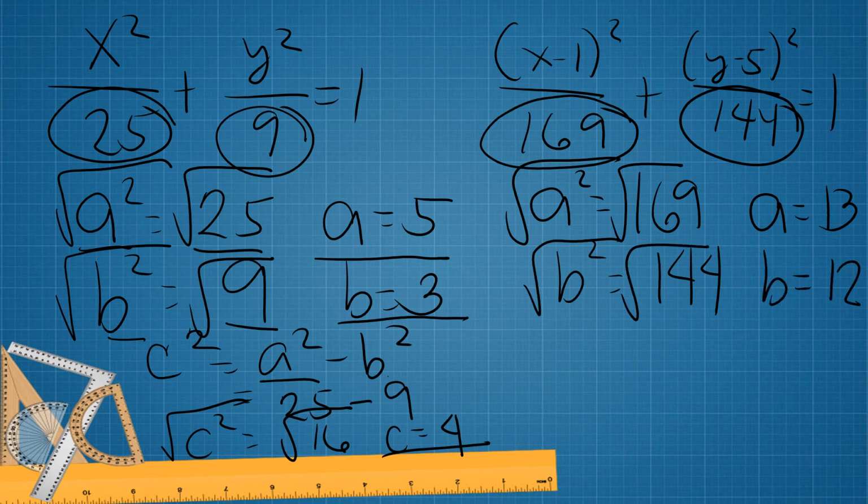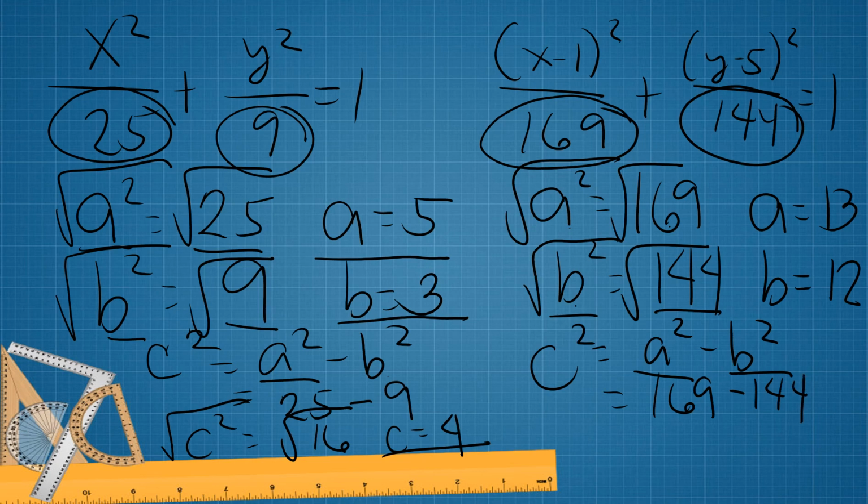Now, again, in order for us to find the value of c, we have c squared equals a squared minus b squared. Now, by substitution property, instead of writing a squared, we have a squared equals 169. Bring down minus. Instead of writing b squared, we have b squared equals 144. So we're going to write 144.